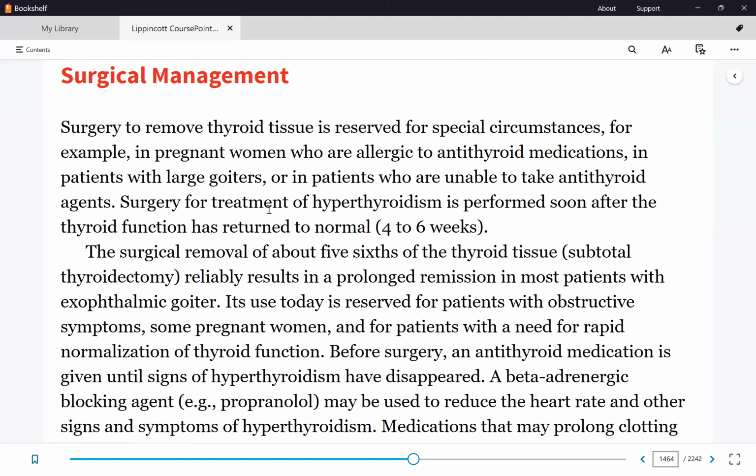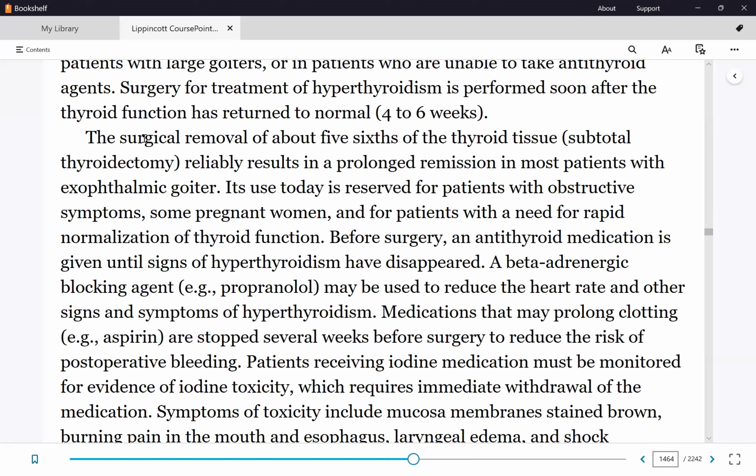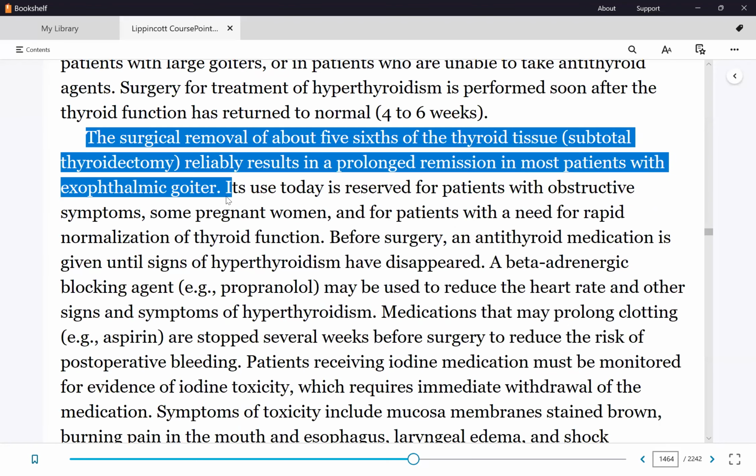If it's a subtotal or partial thyroidectomy, will the patient develop hypothyroidism? No, they will not. They may be hypothyroid for a few weeks until the remaining thyroid tissue compensates for the production. However, if the whole thyroid gland was removed, will they develop hypothyroidism? Yes. So that explains it here.